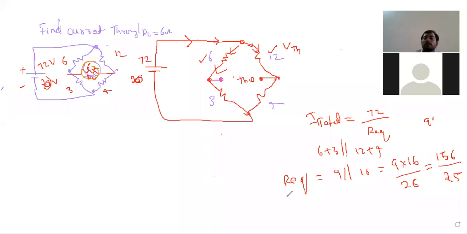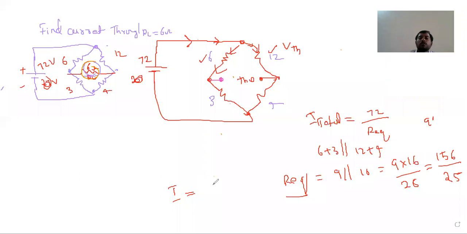So this is R equivalent. Then we can find the total current as 72 divided by that.